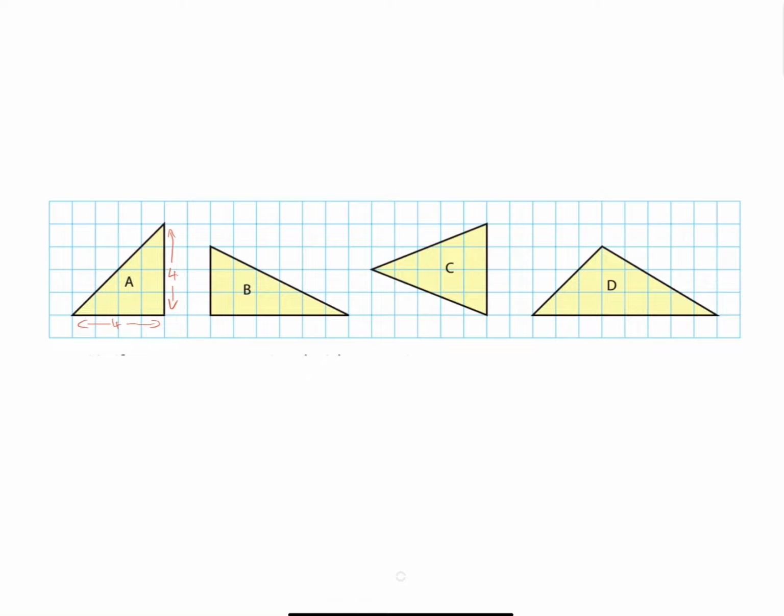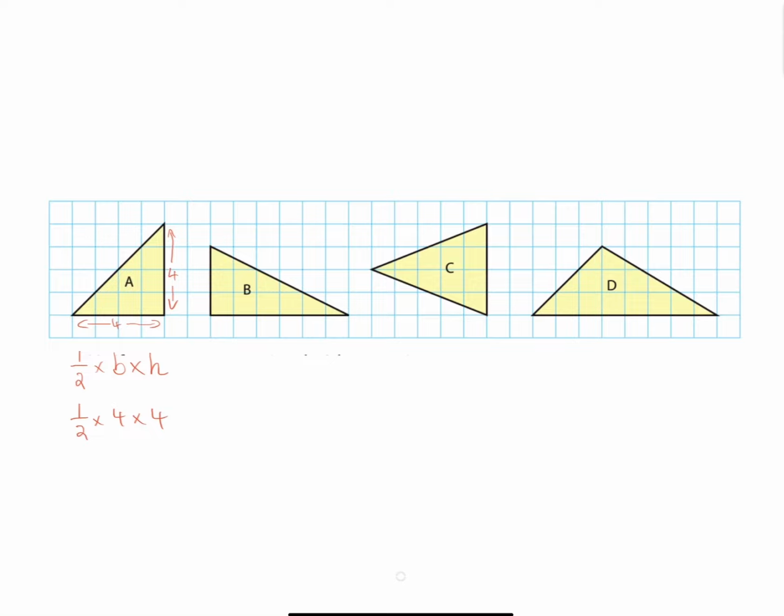So the formula, remember, for the area of a triangle is half multiplied by the base multiplied by the height. So half multiplied by 4 multiplied by 4. So a half multiplied by 4 means 4 divided by 2, okay? If you multiply anything by a half, you are saying dividing by 2.